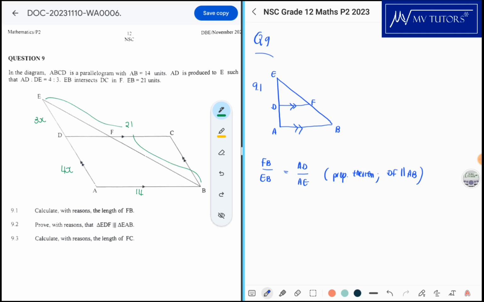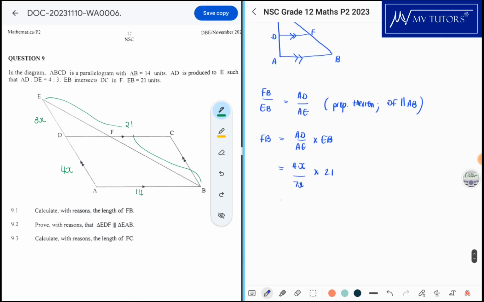All right, so now I can even put this in terms of FB and say AD over AE multiplied by EB. I already know what AD is in terms of x. That's 4x. And AE is the sum of AD and DE, so that's going to be 7x. And then EB, I already know that's 21 units. Okay, so the x's will cancel out.